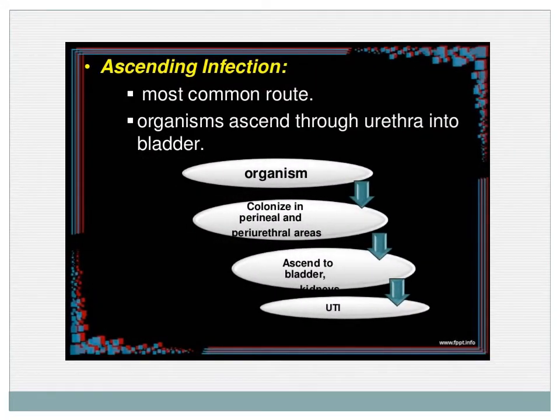Ascending infection means the microbes which cause UTI enter the urinary tract through the urethra, and spread to the bladder, causing infection.